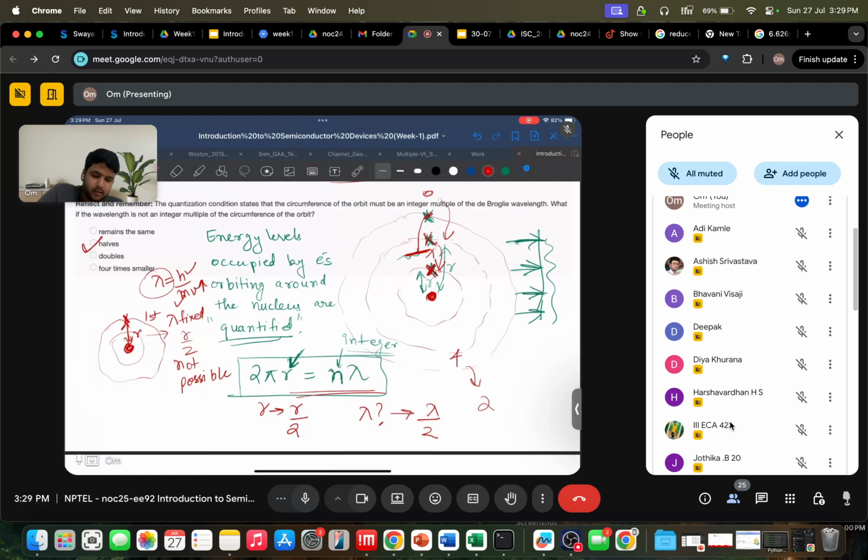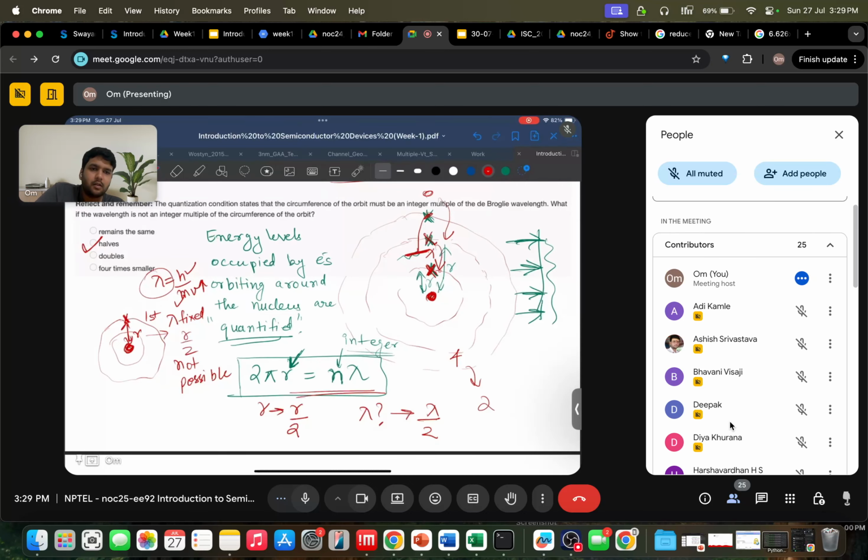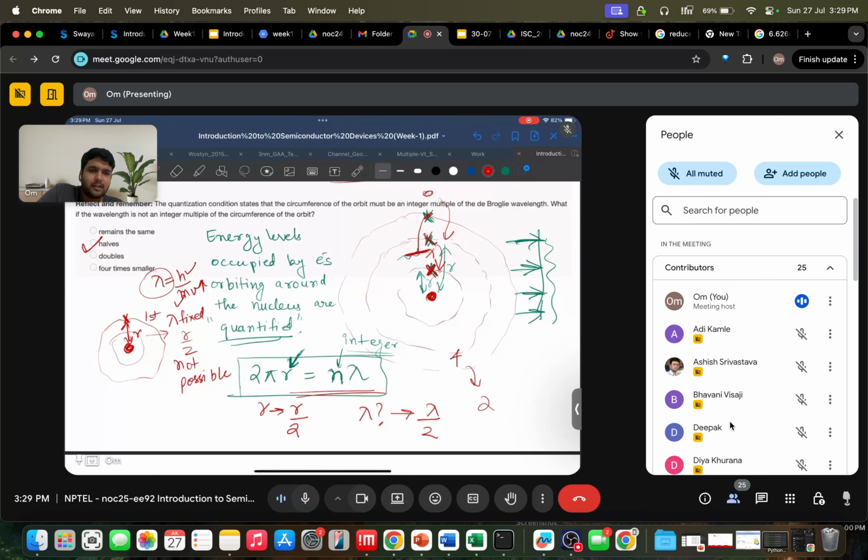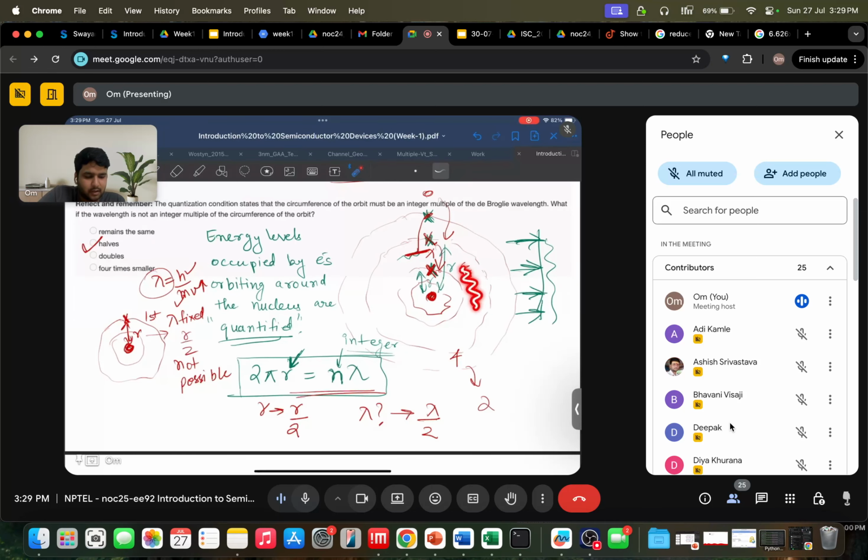Yeah, that is correct. So you are thinking in a very classical picture: due to the force of attraction, it should fall into the nucleus. But what Niels Bohr and de Broglie found is that electrons cannot even exist anywhere in these regions. This is the result of their study of quantum physics. They can only exist in these orbitals or nowhere.